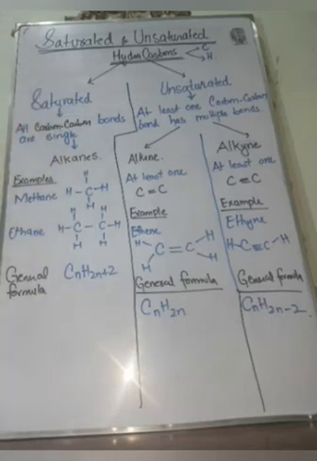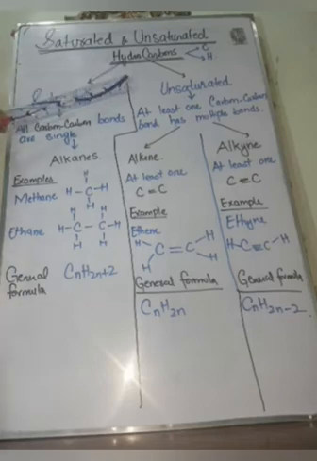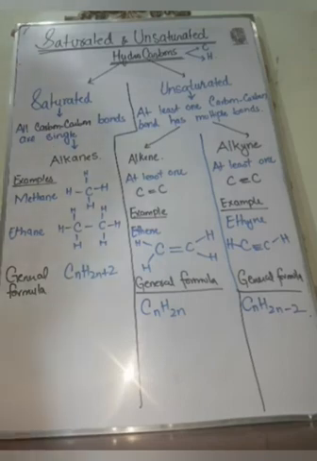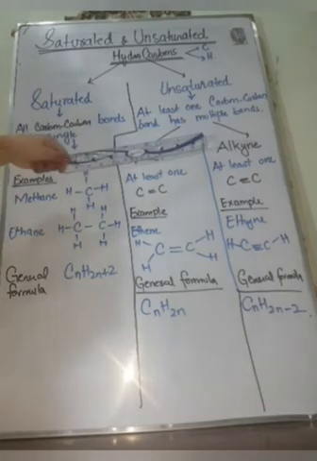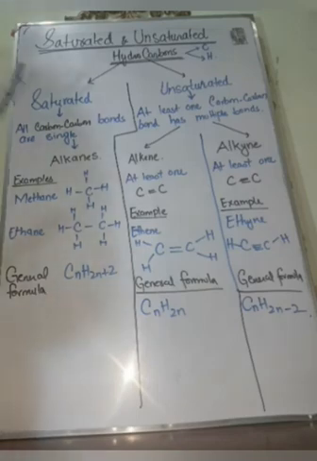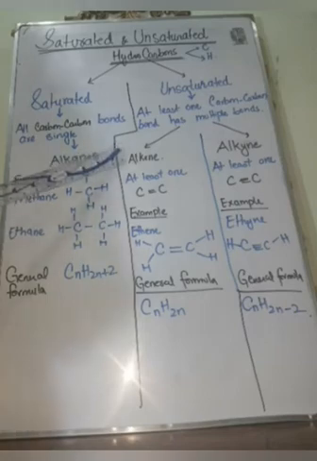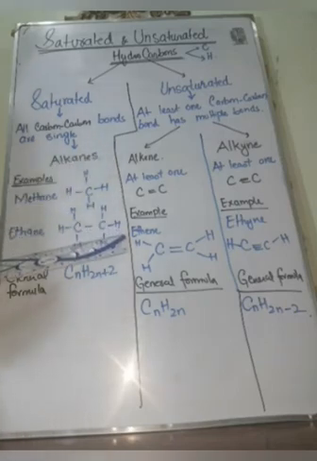Now, the second category of hydrocarbon is the unsaturated hydrocarbon. Unsaturated hydrocarbons are hydrocarbons that contain at least one carbon-carbon multiple bond. This multiple bond may be a double bond or a triple bond. Unsaturated hydrocarbons may be divided into two categories, alkene and alkyne. If an organic compound contains at least one carbon-carbon double bond, then it is called an alkene. An example of an alkene is ethene.